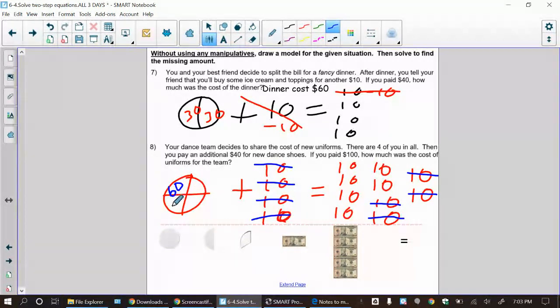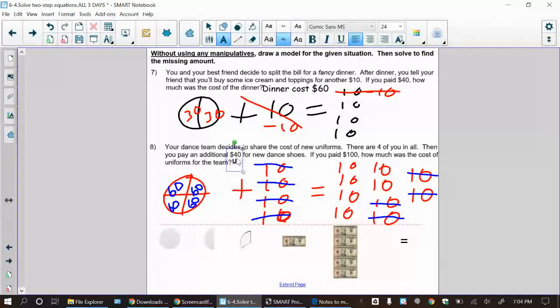Now, if all these quarters are equal and each of them are $60, how much was it in all? Well, 60 times 4, uniforms cost $240.